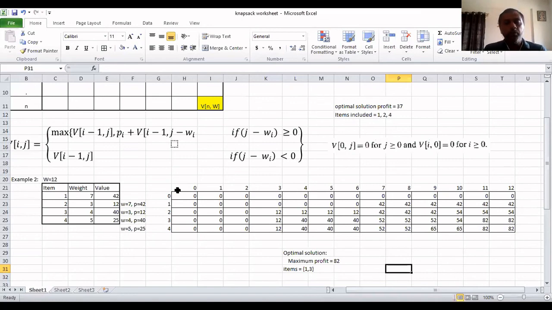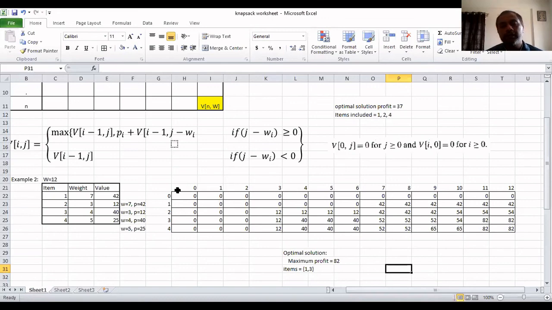So dynamic programming proposes one more idea called memory function knapsack. The basic necessity of memory function knapsack is to solve only those subproblems which can give rise to an optimal solution. We need not fill the whole table.